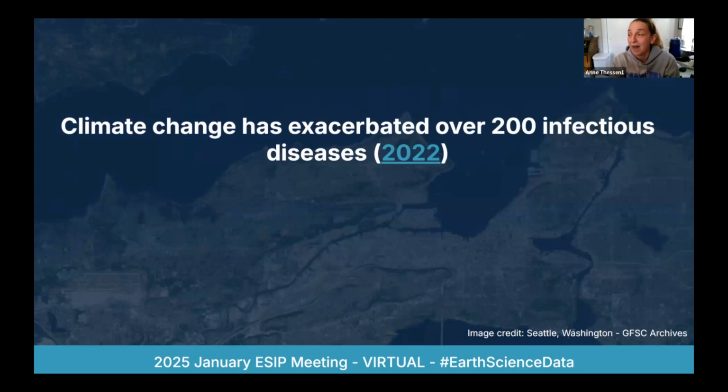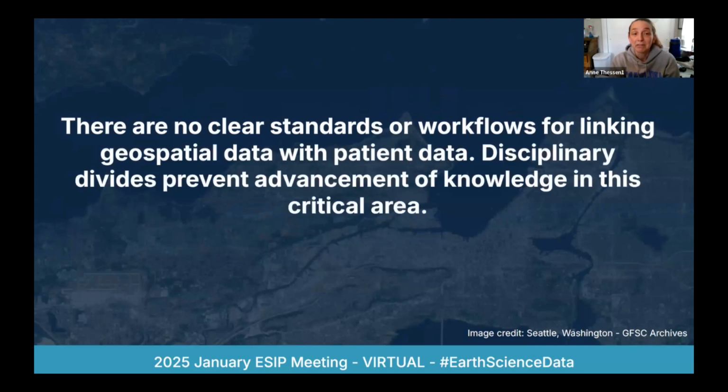This is why we're very interested in combining geolocated data with patient data. But right now, there are no clear standards or workflows for linking geospatial data with patient data, and disciplinary divides prevent advancement of knowledge in this critical area.